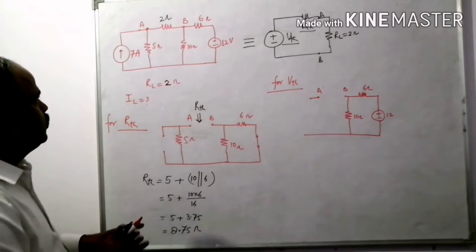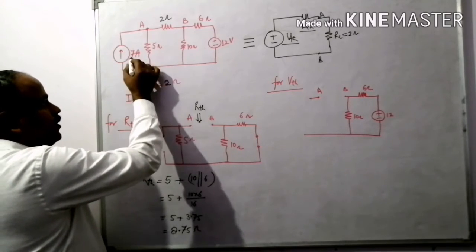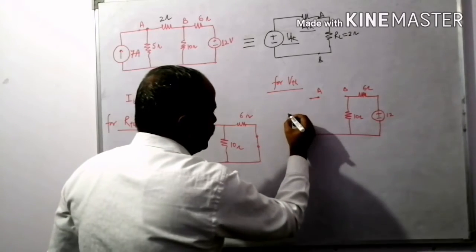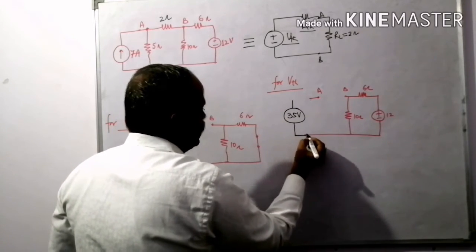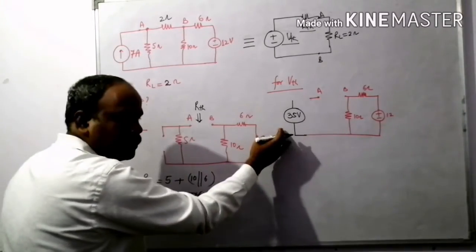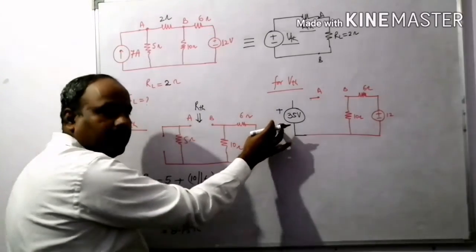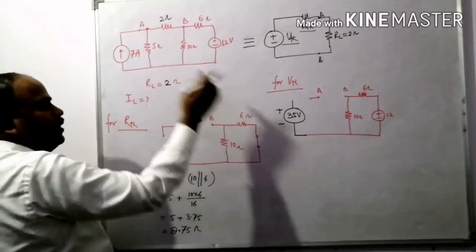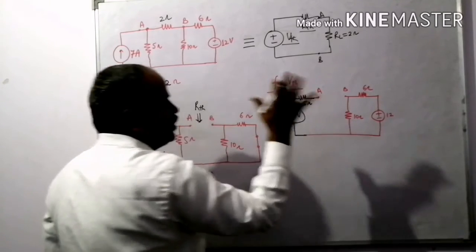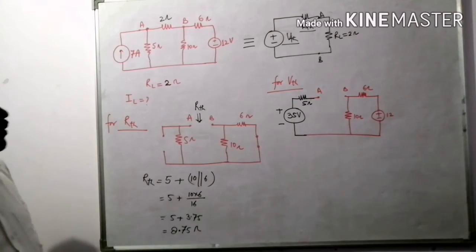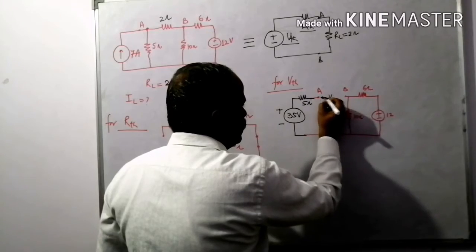There is a concept to convert the current source into the voltage source. If we multiply 7 with 5, it becomes 35 volt. Right? Then this current source becomes a voltage source. Direction of current is in upward direction, so it is positive and it is negative. And this resistance comes in series with the voltage source. So this be the picture when we are going to calculate VTH.